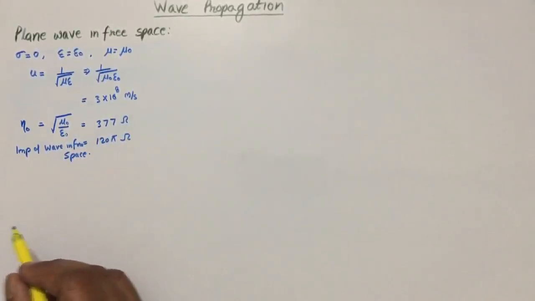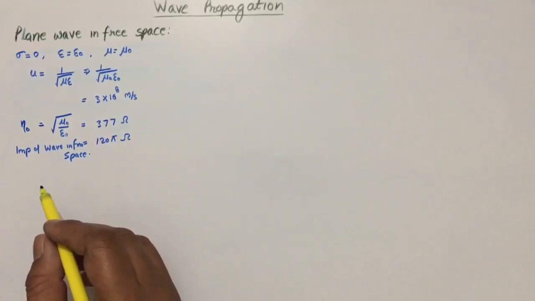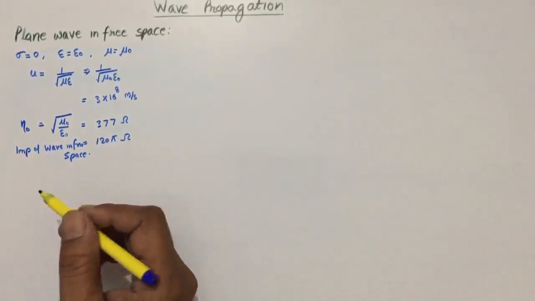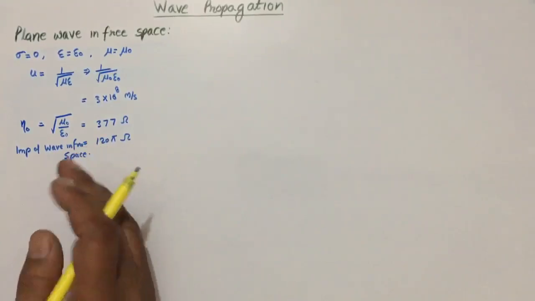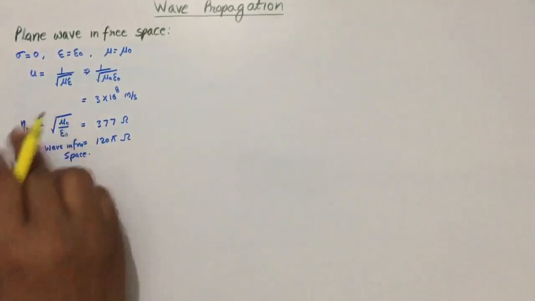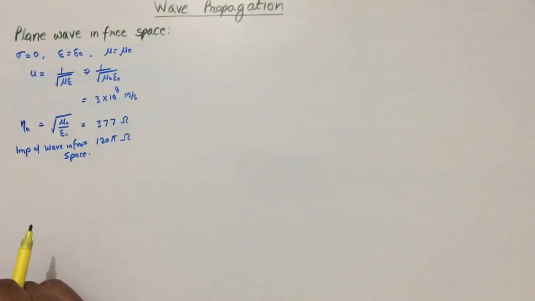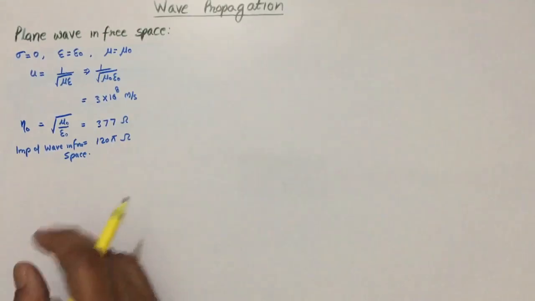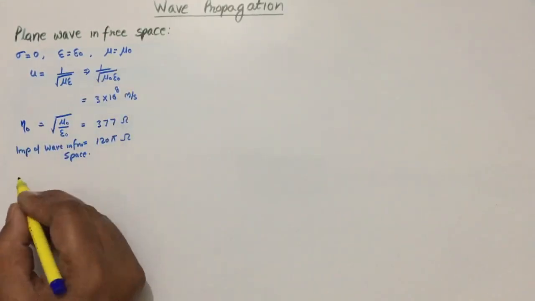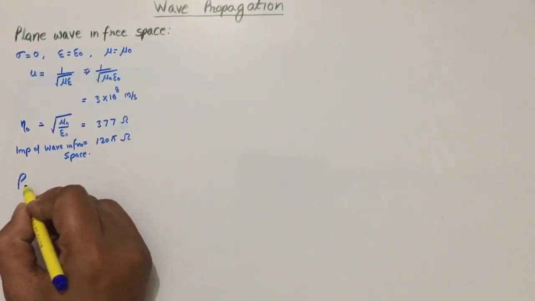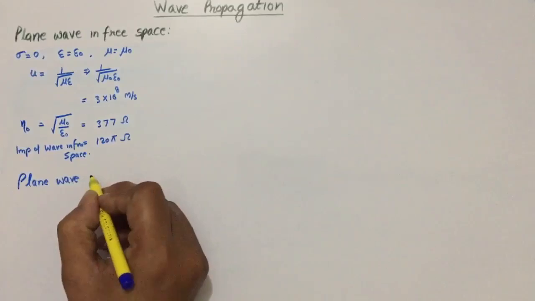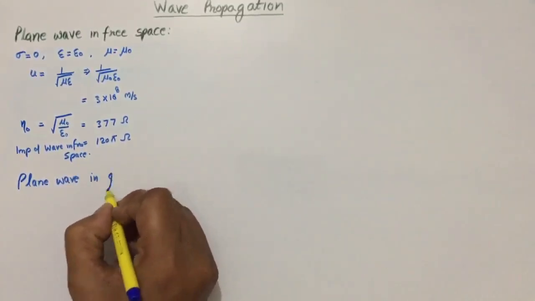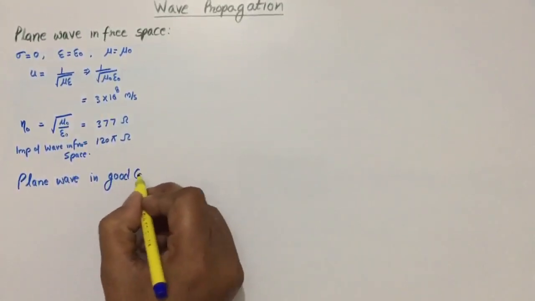Now let us try to find all the parameters that we have done in previous cases, that is gamma, alpha, beta, intrinsic impedance and loss tangent, in case of the plane wave propagation, when the plane wave is propagating in a good conductor. So let us do that. Plane wave in good conductor.